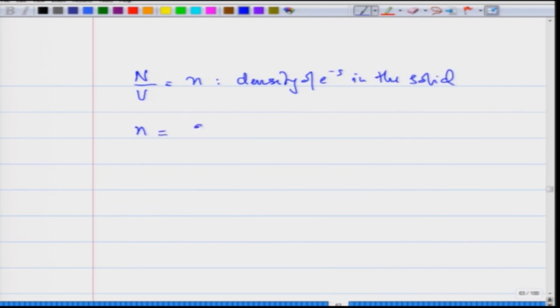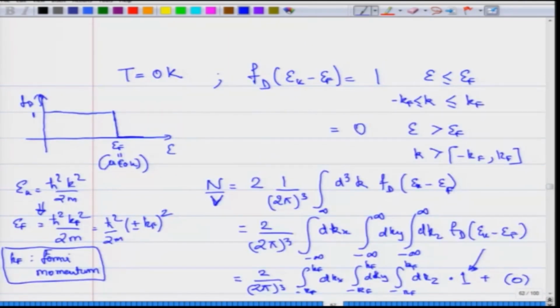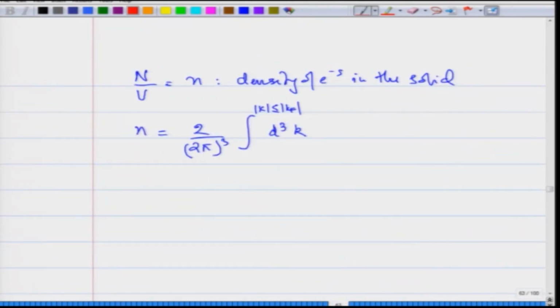So, the density of electrons is 2 by (2π)³ integral d³k. My earlier expression showed that kx is going from minus kF, ky is going from minus kF, and kz, this term out here is nothing else but the volume integration, and the volume integration is being done over a k which is up to kF.